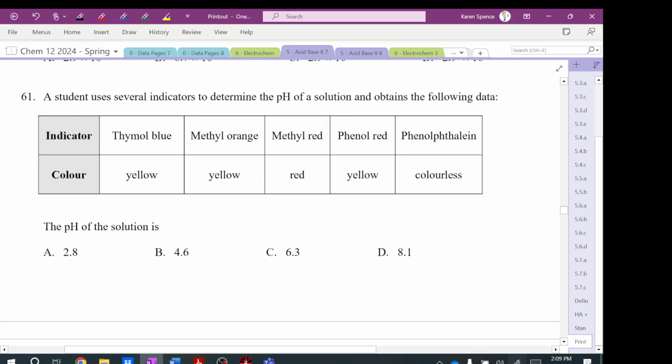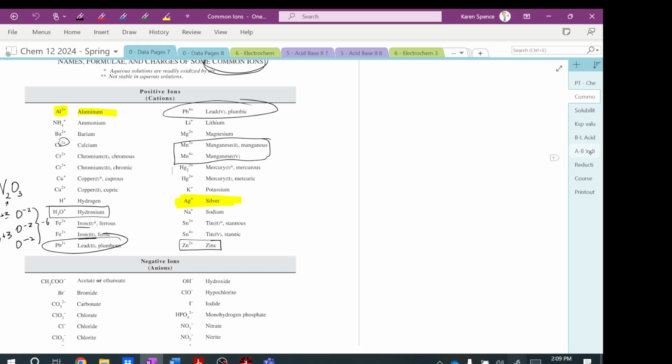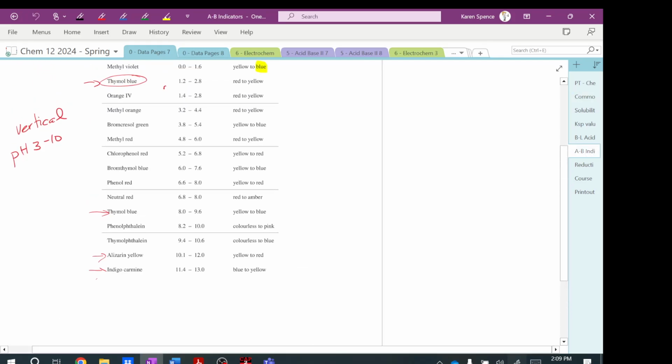Okay, a student uses several indicators to determine the pH of a solution and obtains the following data. The pH of the solution is, okay, so we have thymol blue is yellow. Thymol blue is yellow between 2.8 and 8.